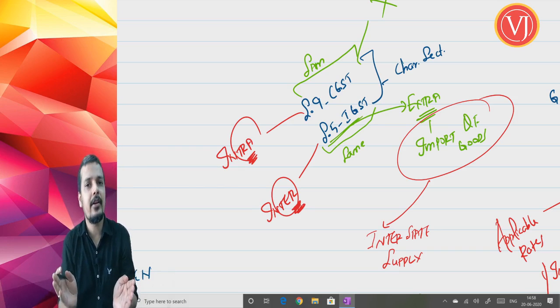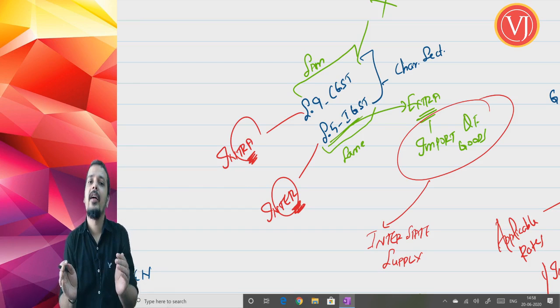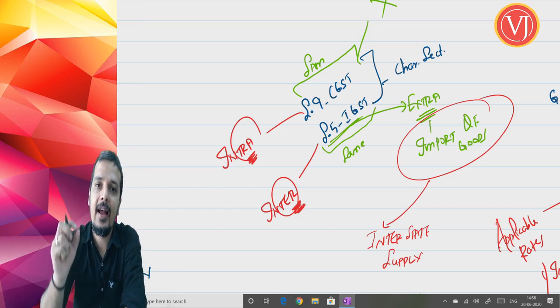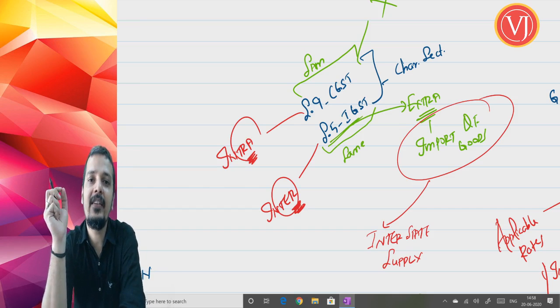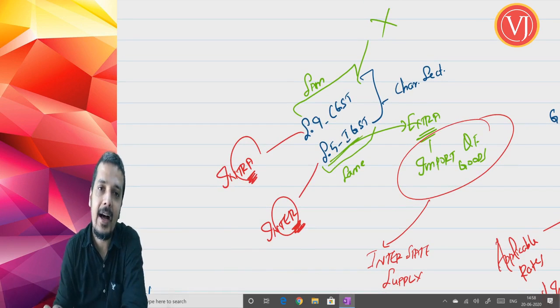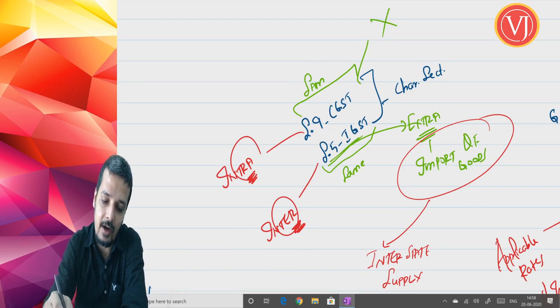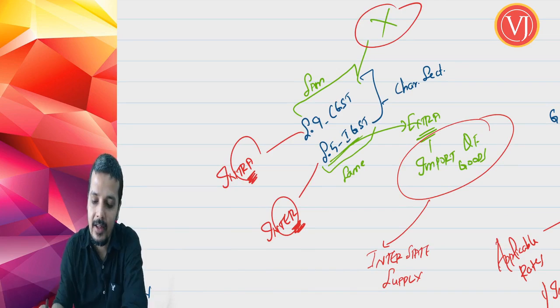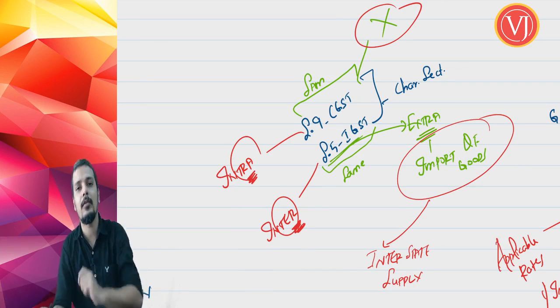The only difference is that CGST Act section 9 will talk about intra-state supply, and section 5 of the IGST Act will talk about interstate supply. There is an extra point in the IGST Act, which is not there in the CGST Act, because that extra point talks only about import of goods.